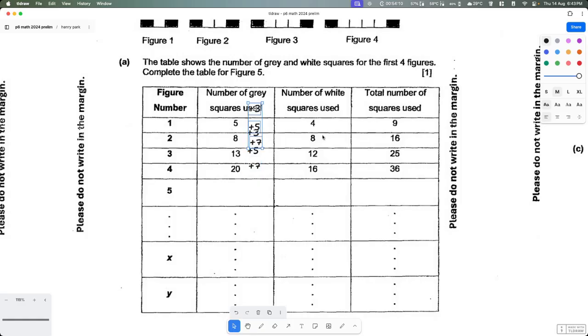For the 4, 8, 12, 16, this one is just multiples of 4, then the next one is 20. Pretty straightforward.